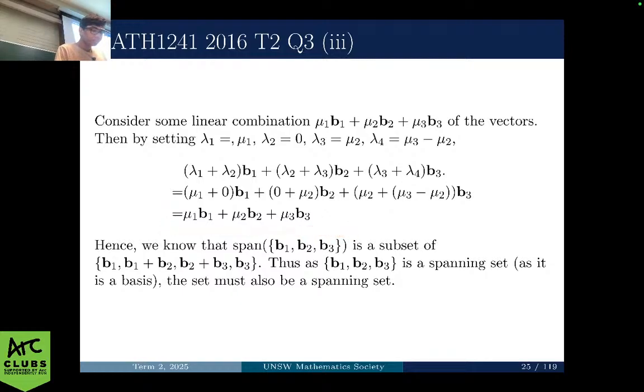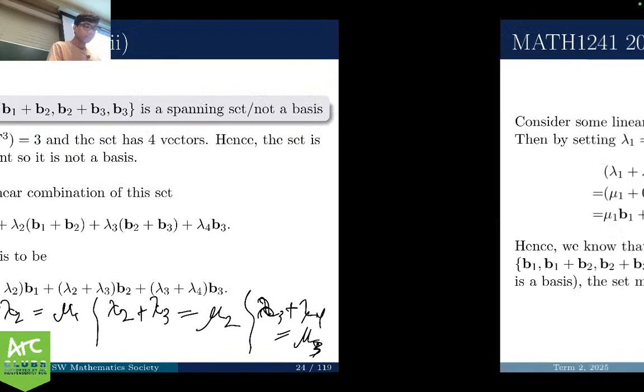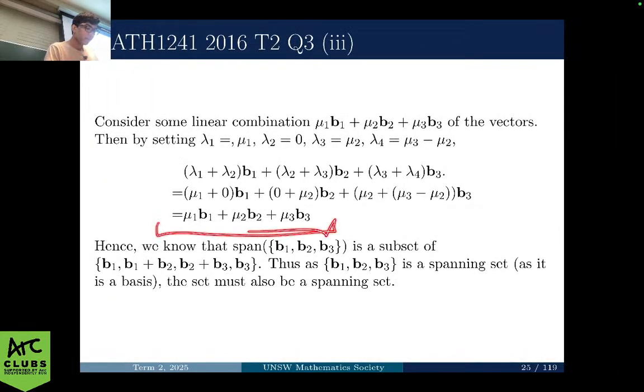Does everything up to there make sense with everyone? Okay. So I've chosen my lambdas such that they will end up giving me this combination. And I know that the set B1, B2, B3 spans my field. And so my original set here would do the same thing, because I can just rewrite it as some linear combination of each of my three vectors.